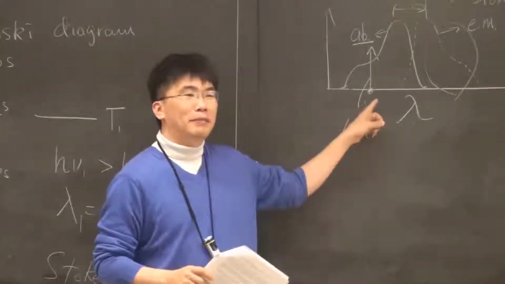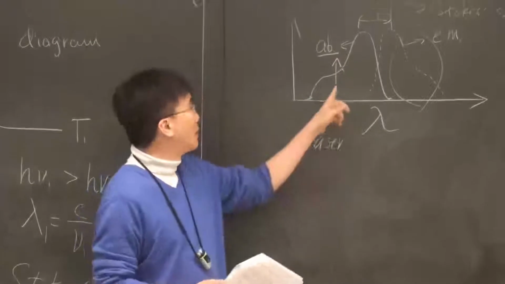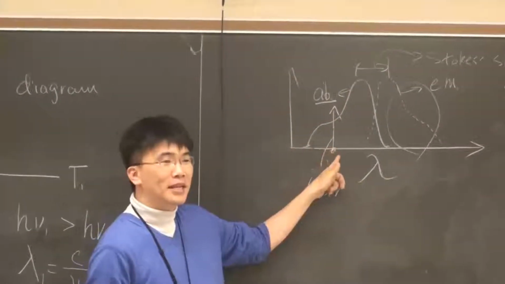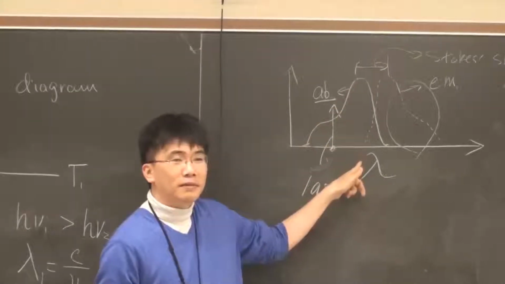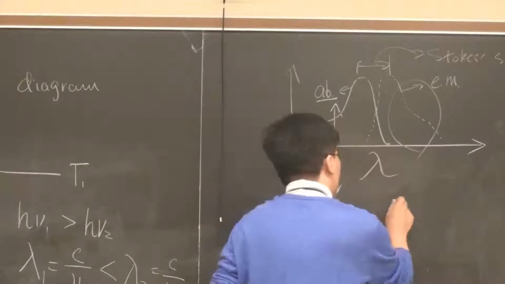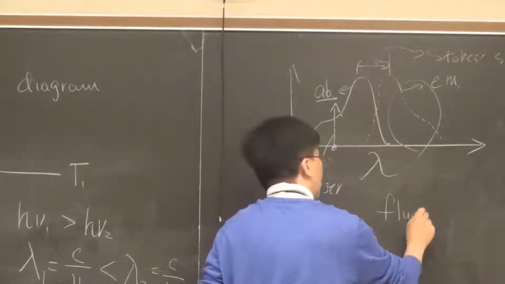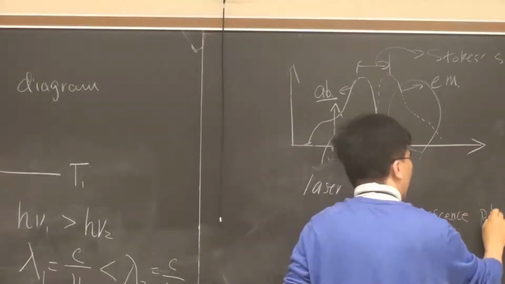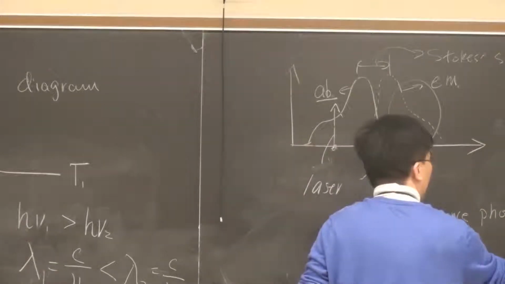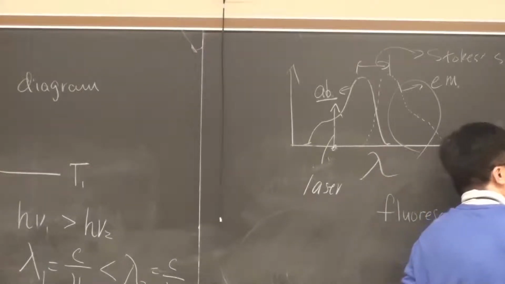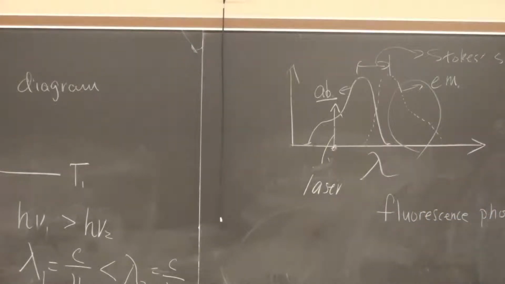So you may ask me, why am I using a laser light at these wavelengths instead of exciting at the peak wavelengths of the absorption? The reason is that because fluorescent photons are precious, you don't want to waste them.